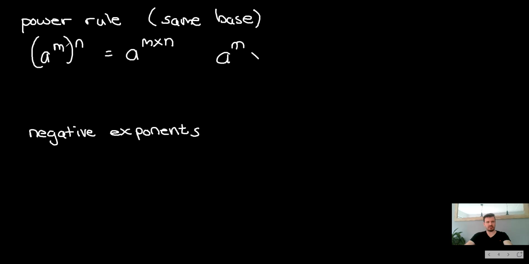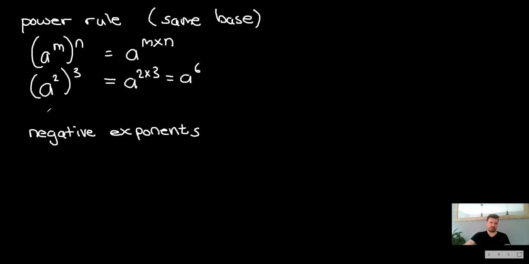Here what we're doing is if it's to the power of m and n, we then multiply. So if this was a 2 and this was a 3, we say a to the 2 times 3, which is a to the 6. Or if we just put a number here, 3 squared to the power of 3, we have 3 to the 2 times 3, which is 6, 3 to the 6.